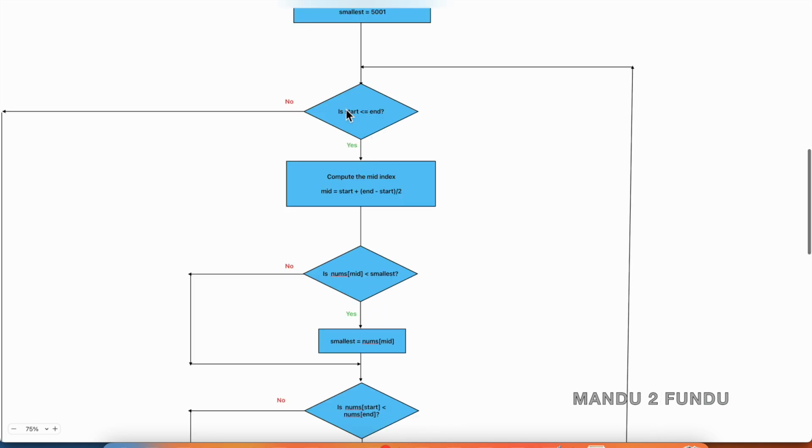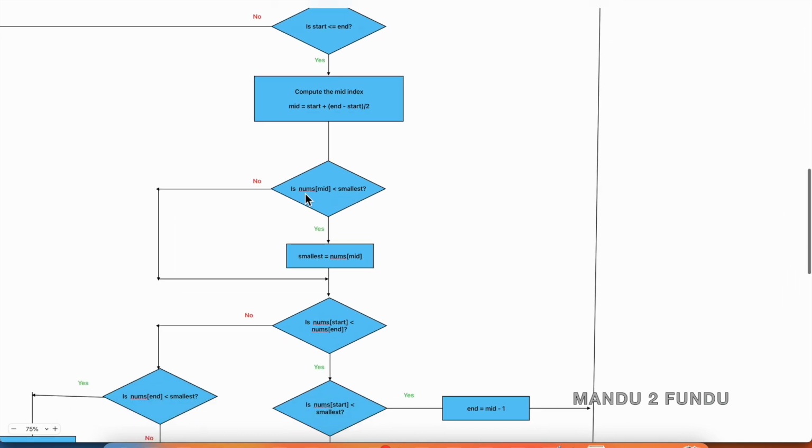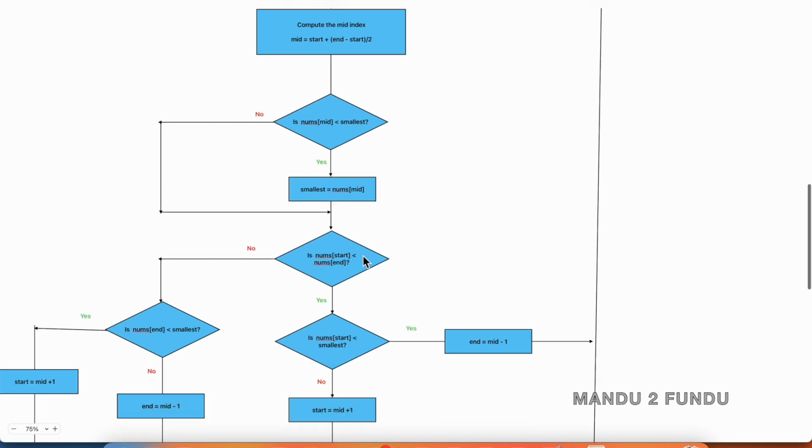Next, we compare whether the start index is less than or equal to the end index. If that is true, then we compute the mid index value, and then we compare the middle element with the smallest number seen so far. If the middle element's value is less than the smallest, then we update the smallest variable.